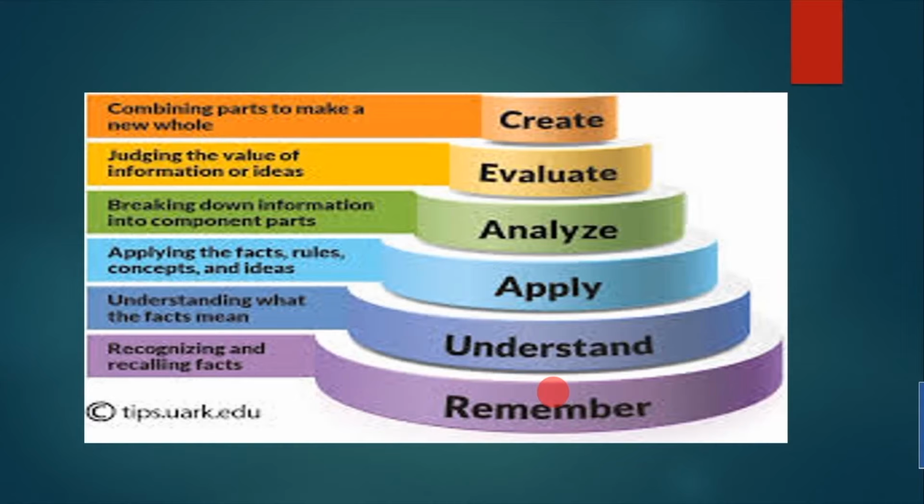Applying facts, rules, concepts, and ideas comes under application. Breaking down information into component parts comes under analyzing. Judging the value of information or ideas comes under evaluation. And combining parts to make a new whole is creation. So our goal is to make our students create something by the end of the course.